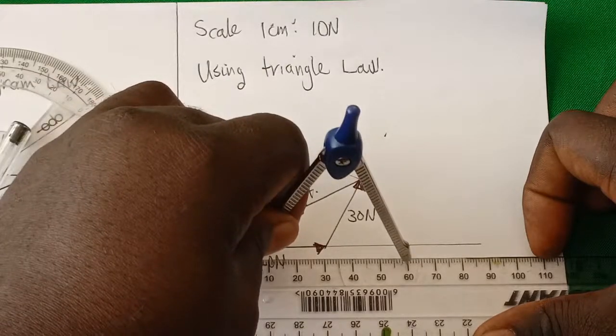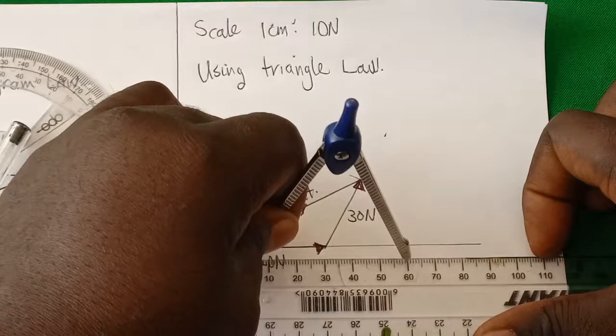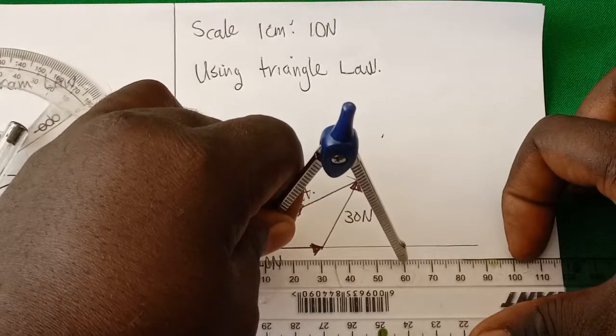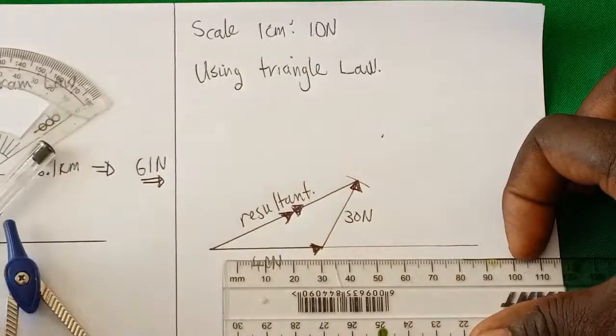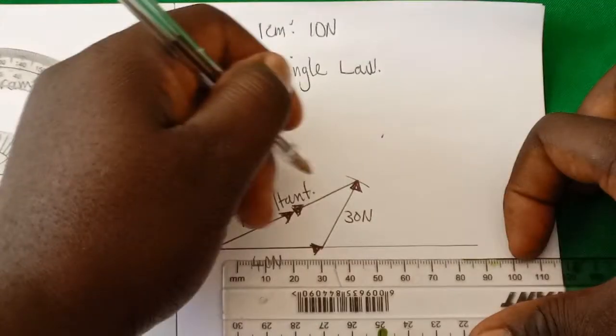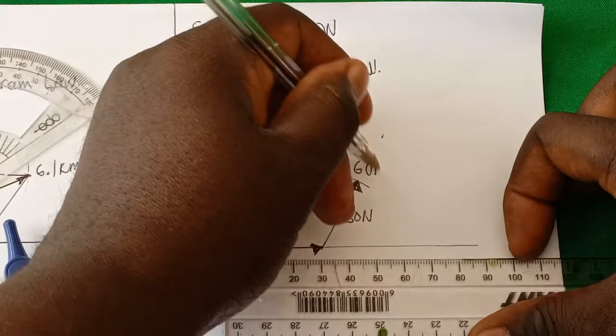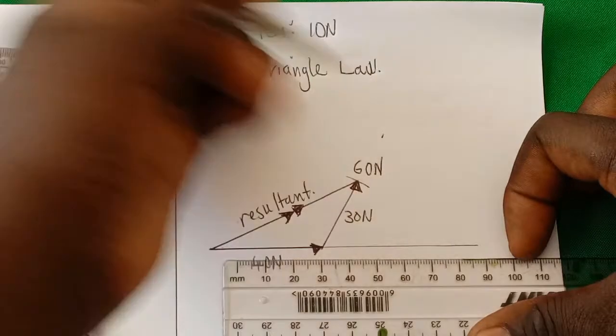So there it's giving me 60 newtons. Remember with the parallelogram I got 61, and with this one I'm getting 60. In these questions they normally give you a tolerance of plus or minus 1 newton.